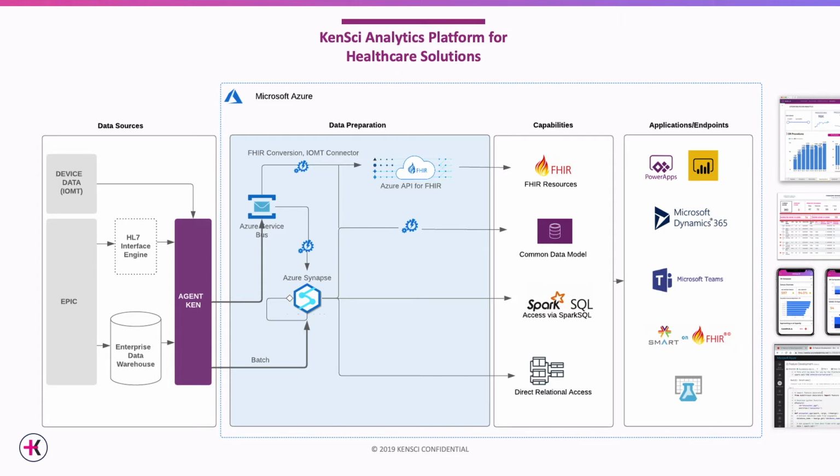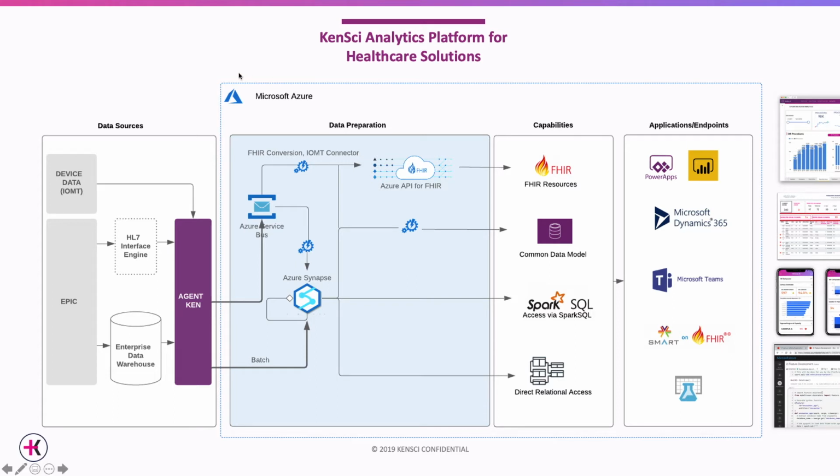And so the platform is built with the intention to be able to bring in data from various different data sources. So on the left hand side is the data, on the right hand side is your goal: the solutions that you're looking to build. And everything that happens in the middle is essentially the KenSci platform built on top of Azure using several of Azure PaaS services to accelerate the building of those solutions.